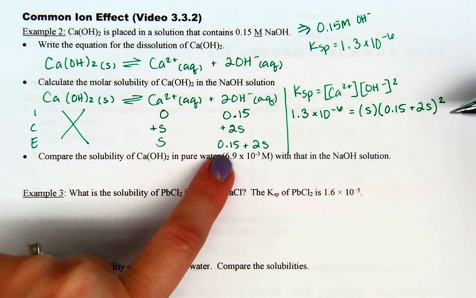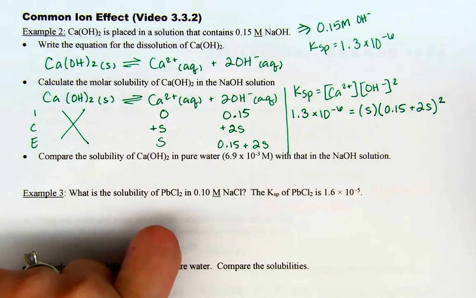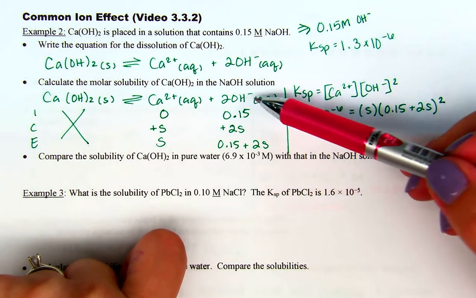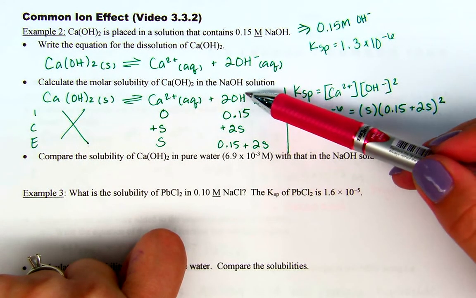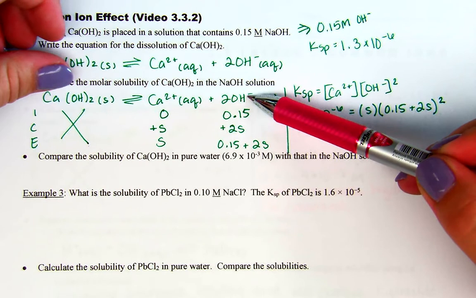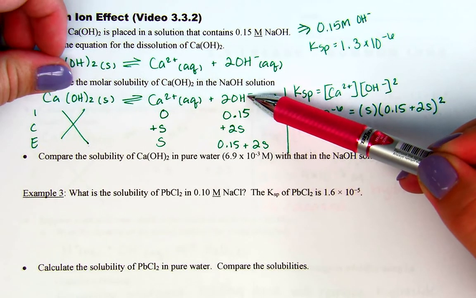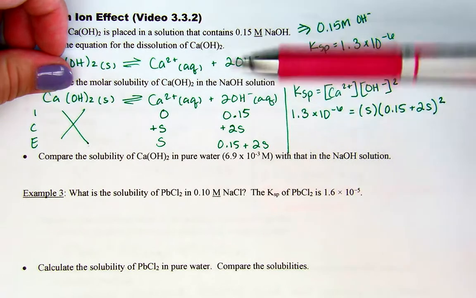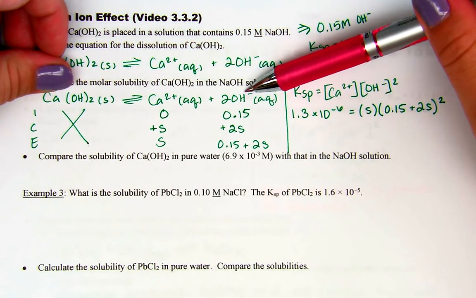Now, we can FOIL this whole thing out and use the quadratic equation to solve it. However, we are going to assume that the amount of hydroxide that comes off this very sparingly soluble salt is not really that much. In reality, a sparingly soluble salt means there are not very many ions coming from it.